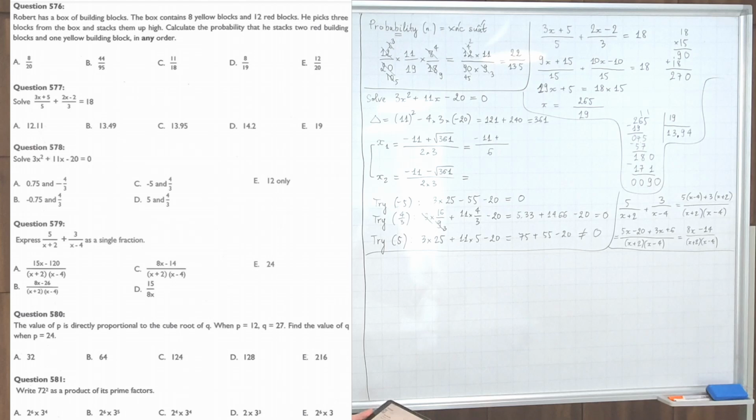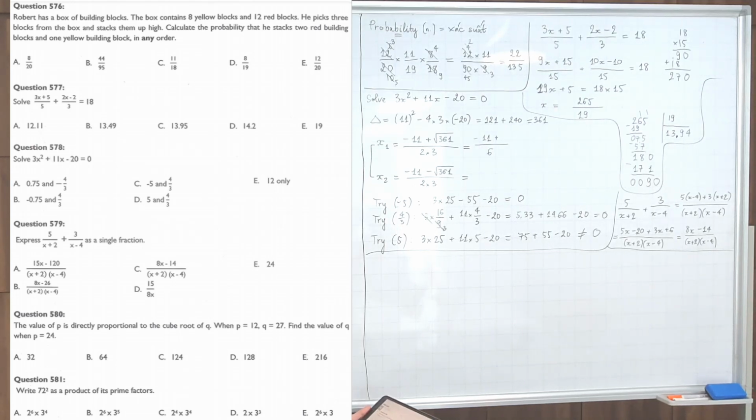Okay, so they say the value of P is directly proportional to the cube root of Q. So you know the word proportional, tỷ lệ thuận. Directly proportional means like if P increases, Q will increase as well. Tỷ lệ thuận.